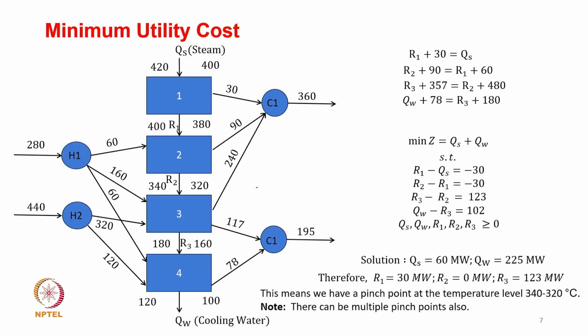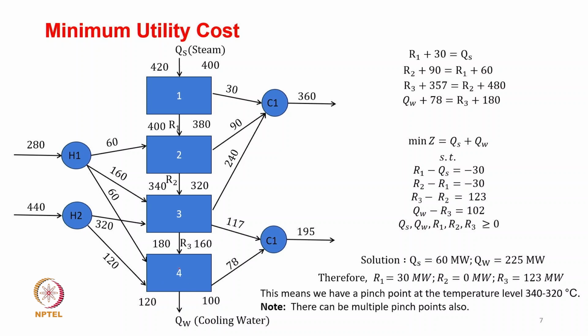So if you see over here, R3 plus 117 plus 240, which will be 357, here again coming inside as R2, and you have two connections from hot, 160 and 320, that will be 480.